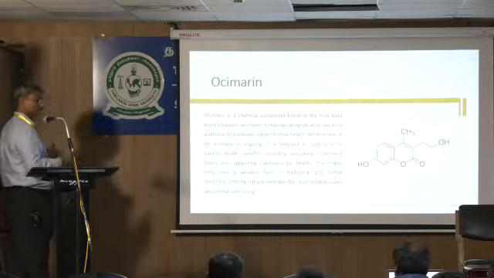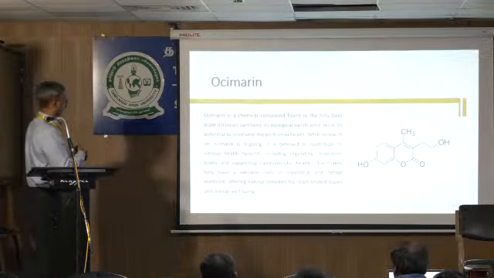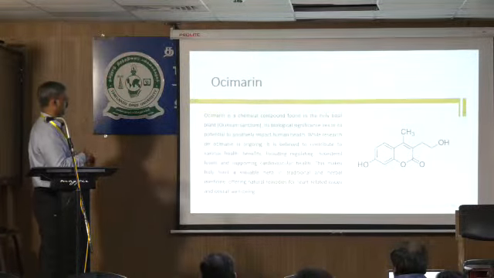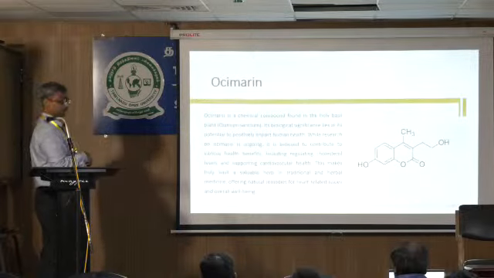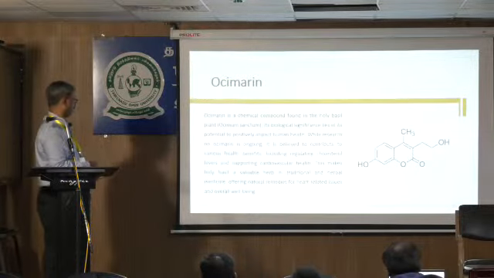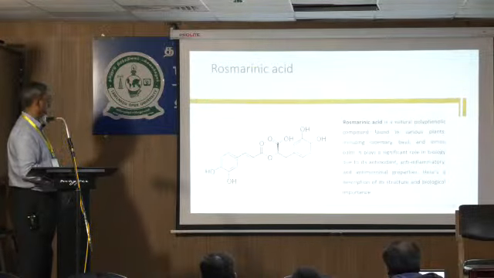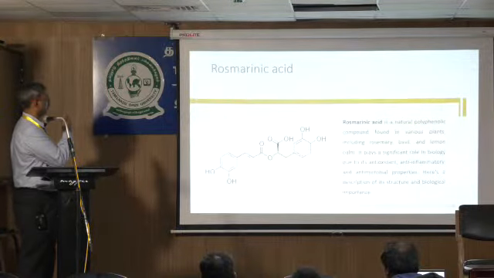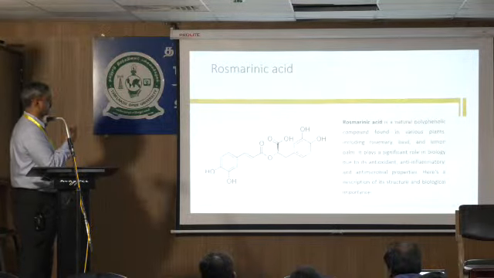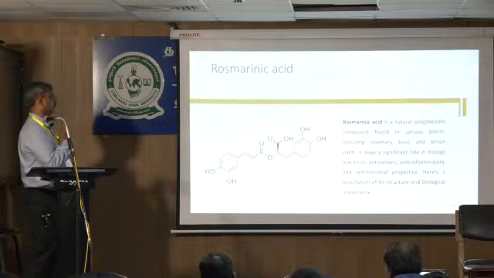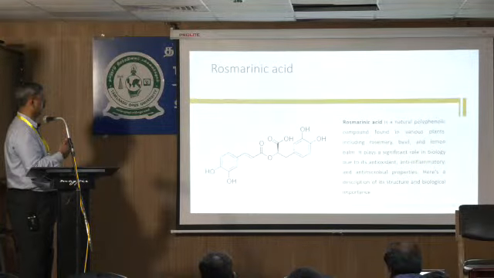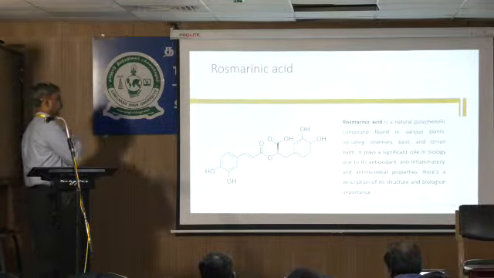And the next natural product we see is ocimarin from the same plant. As I told you, you'll see that it's having OH and a carbonyl and an extended chain. And then we have rosmarinic acid, a natural polyphenolic compound found in various plants along with this particular plant, tulsi.